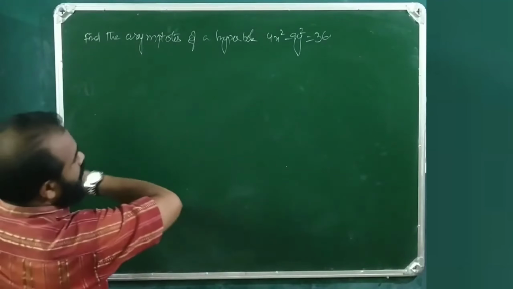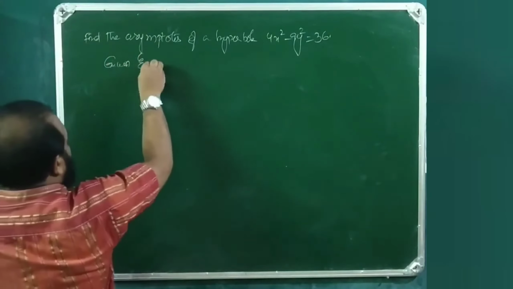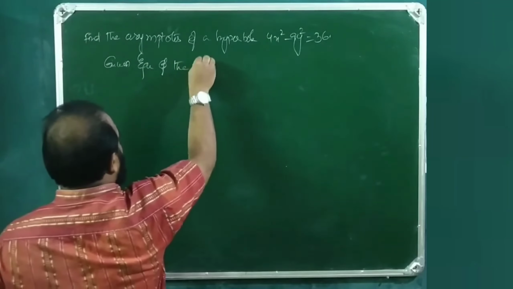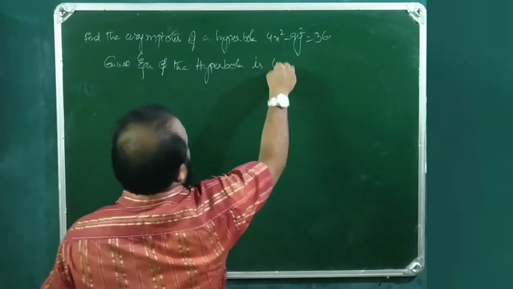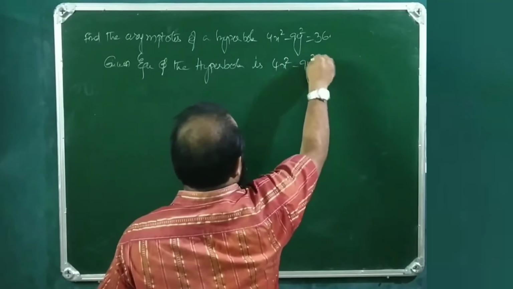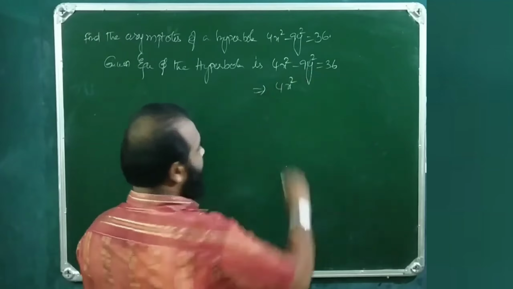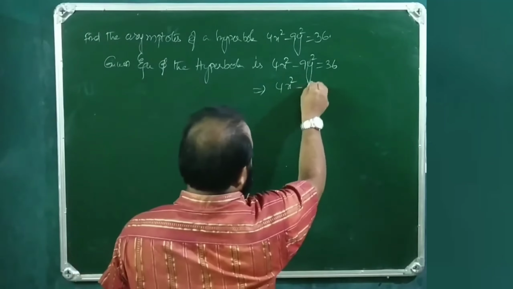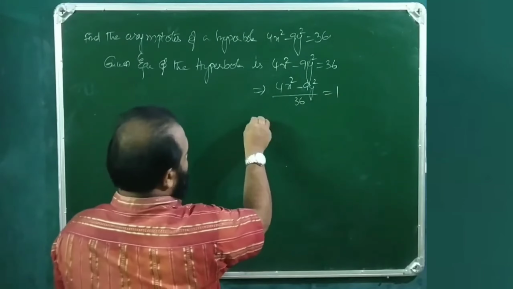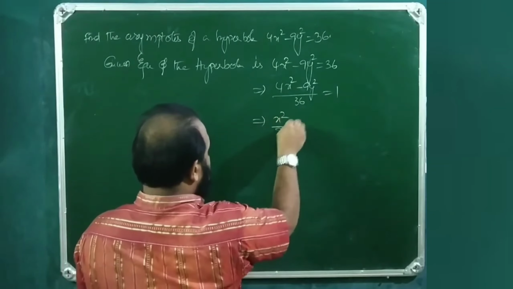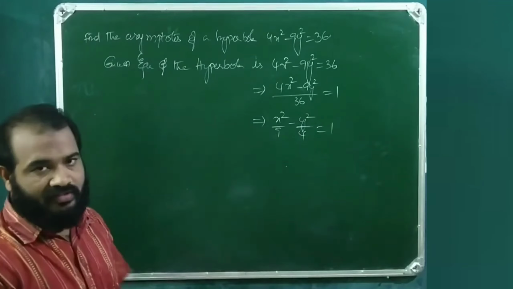So, the given equation of the hyperbola is 4x square minus 9y square equals to 36. If we put it in standard form, 4x square minus 9y square by 36 equals to 1. So, x square by 9 minus y square by 4 equals to 1. This is the hyperbola given.